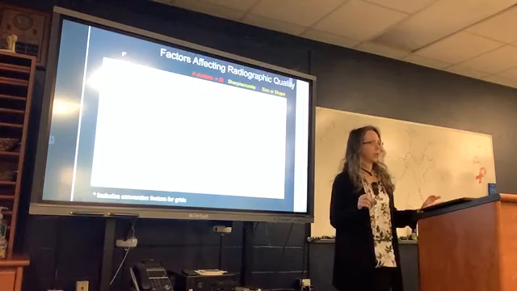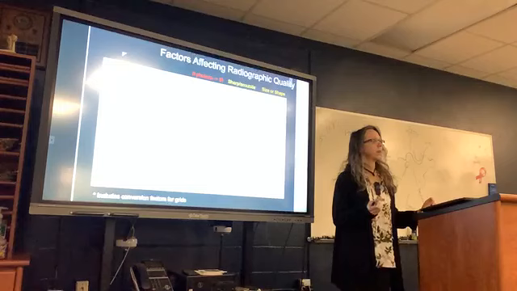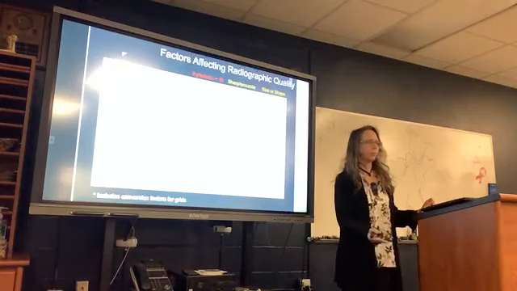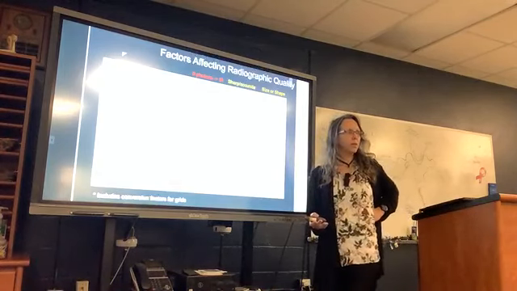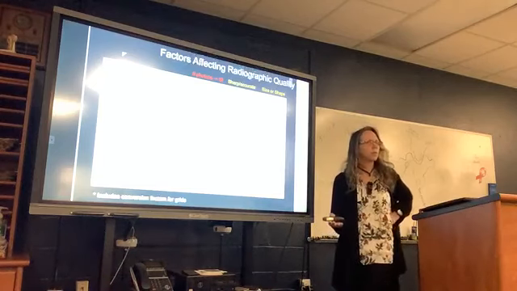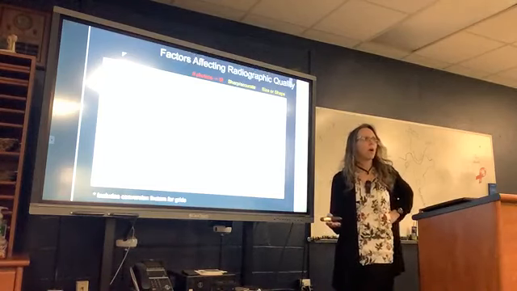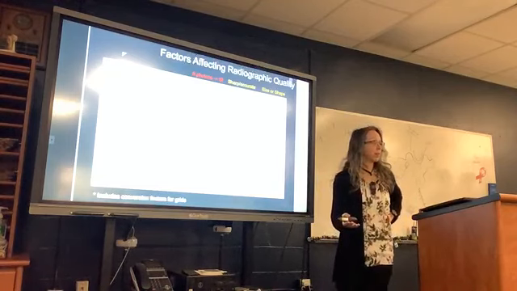A thick patient, if we're doing a KUB, I want you to picture where their kidneys are on a thin patient. Are they closer to the table? Yes. A thick patient, do you think they have more adipose tissue in the back? Are their kidneys the same distance away from the table? No. So we have more OID, right?